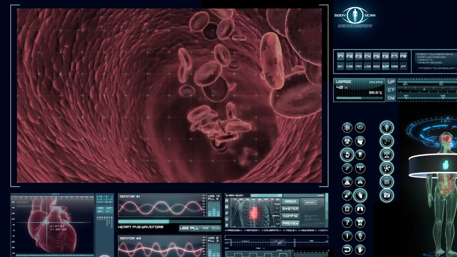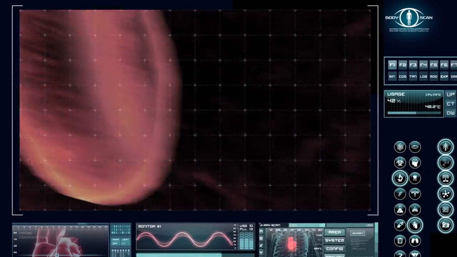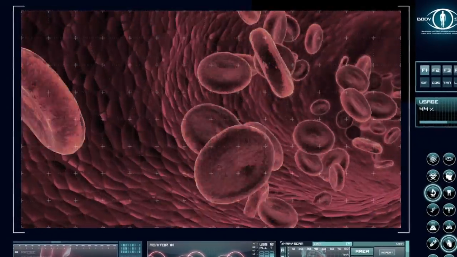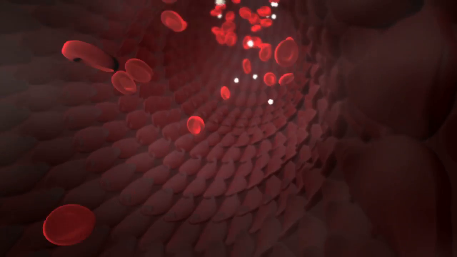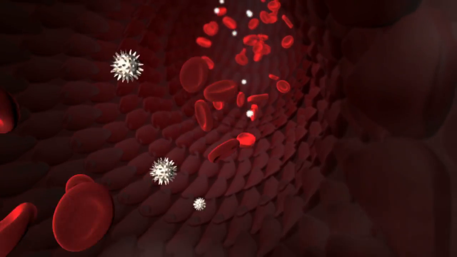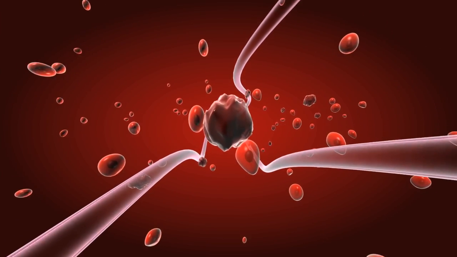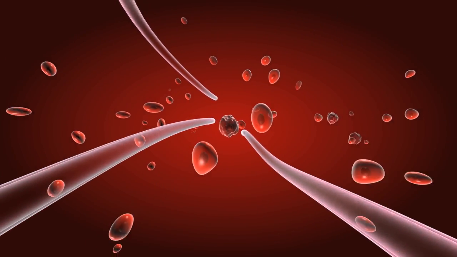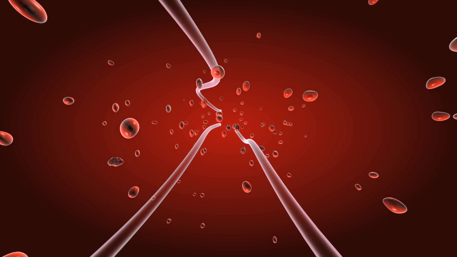First, the shear forces along the irregular endothelium cause breakage of the red blood cell. Next, the shear forces also cause inflammation of the vessel walls that generate fibrin strands that guillotine passing red blood cells. It is believed that the combination of these mechanisms is responsible for the formation of schistocytes.